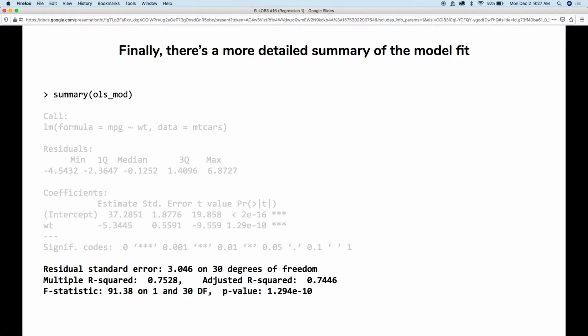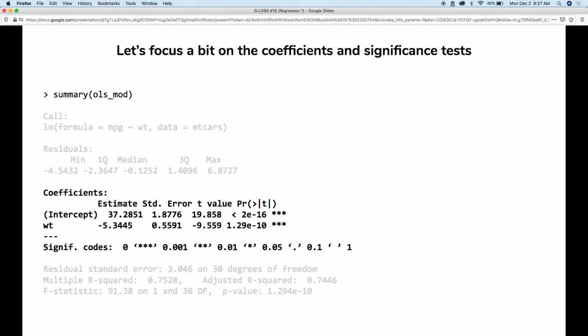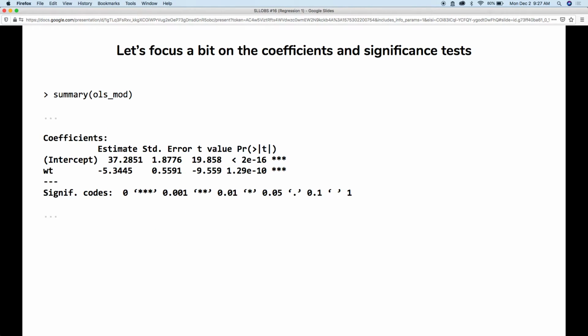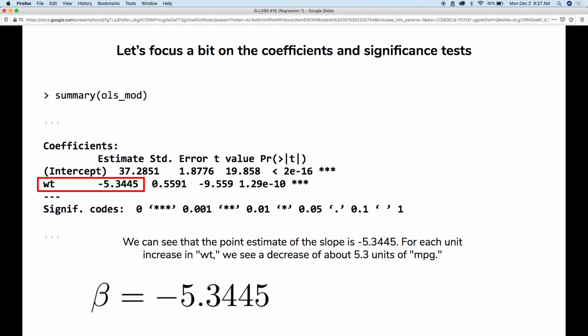And then lastly, you get a little bit more detail about the model specifics, and we'll talk about that later, assuming we have some time. But I think it's important right now to focus on the coefficients in the model and the significance tests that are being done. Specifically, the first thing we can see in our model output is that the point estimate of the slope is negative 5.3445.